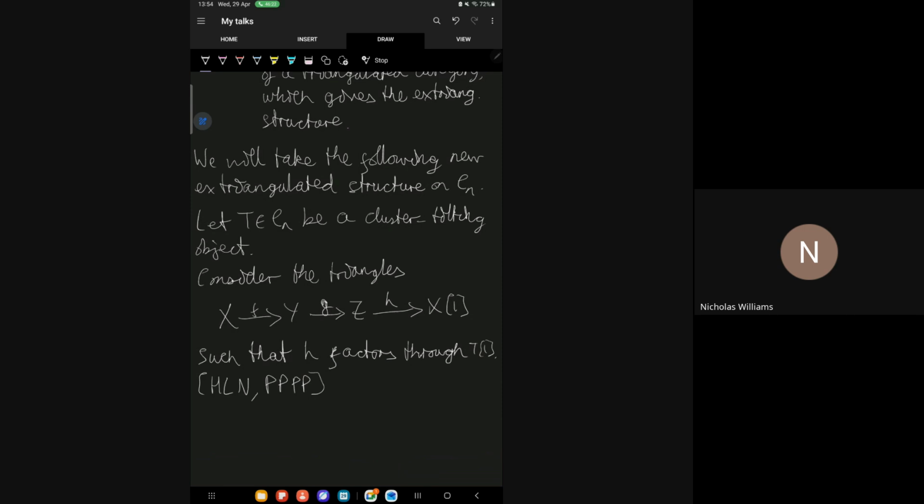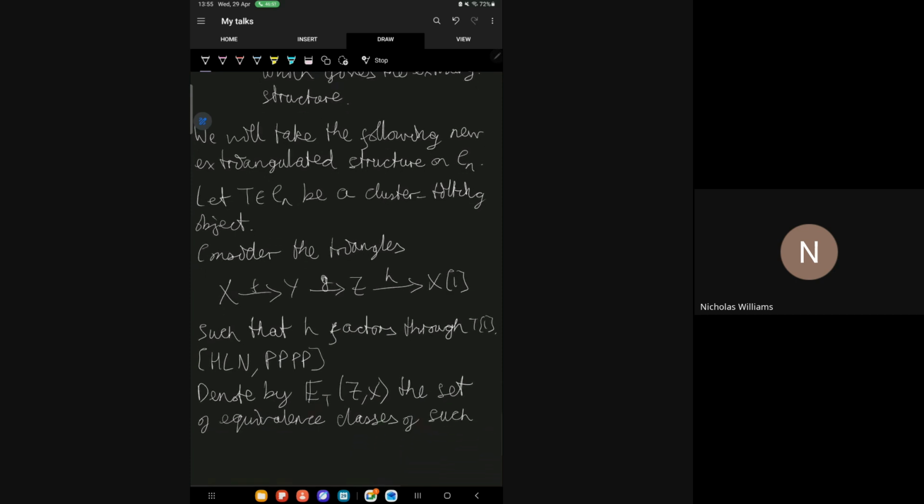Okay. So I'm going to denote by E_T(z,x) the set of equivalence classes of such triangles for x and z.